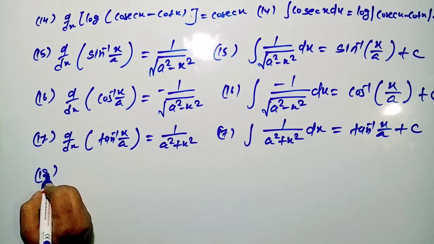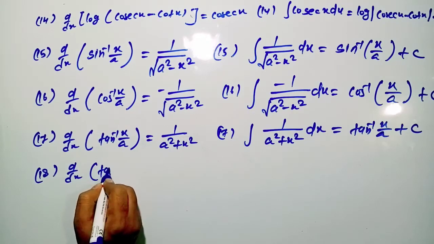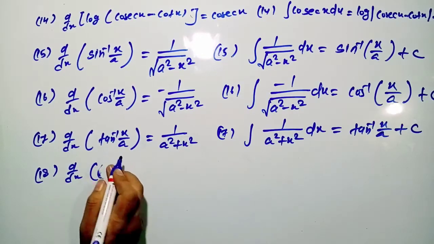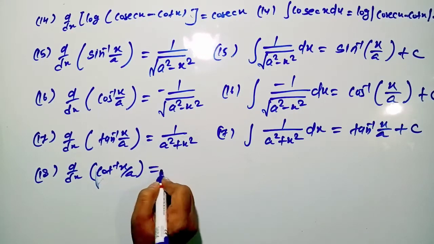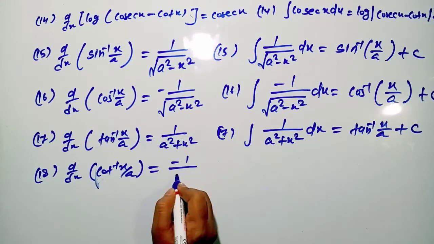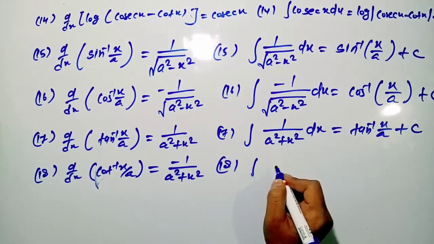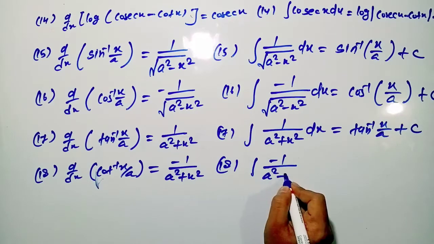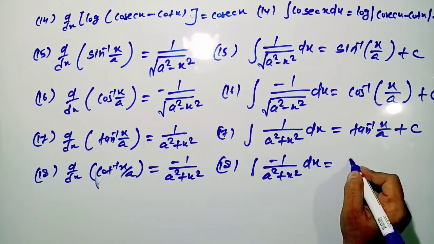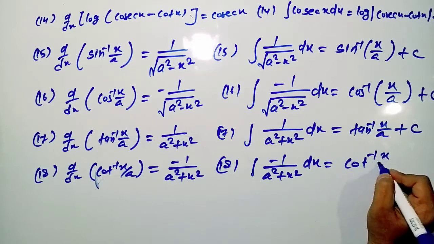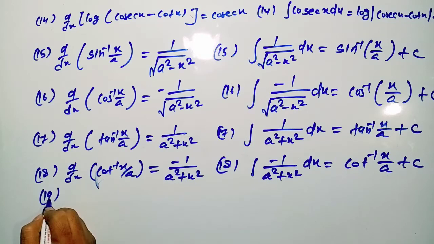Number 18, differentiation of cot inverse x upon a is equal to minus 1 upon a square plus x square, and its integration of minus 1 upon a square plus x square dx is equal to cot inverse x upon a plus c.